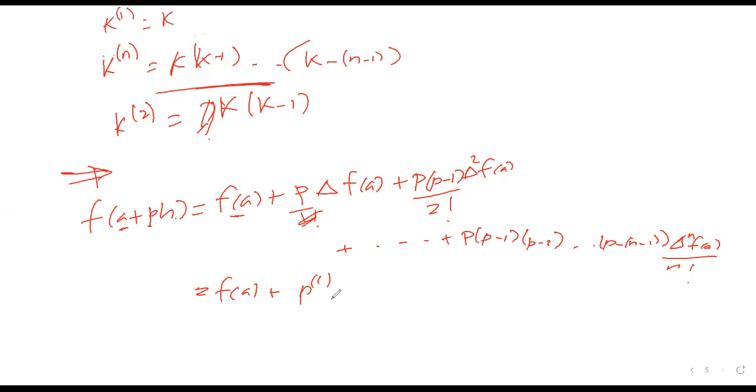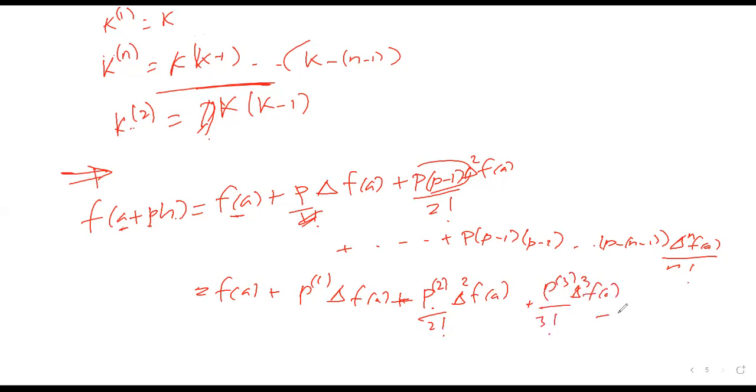So again delta fa. For this one I can use p2, p2 of delta squared fa divided by 2 factorial. Again, third one I can use p3 delta cube fa divided by 3 factorial, up to pn delta n fa divided by n factorial.